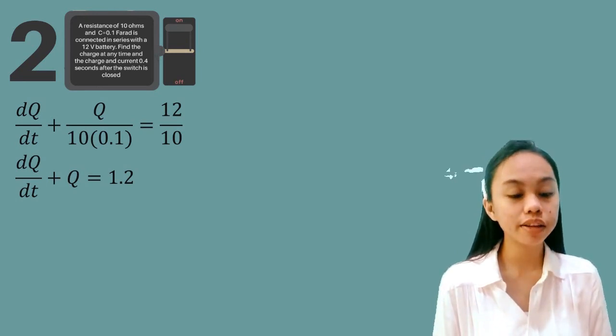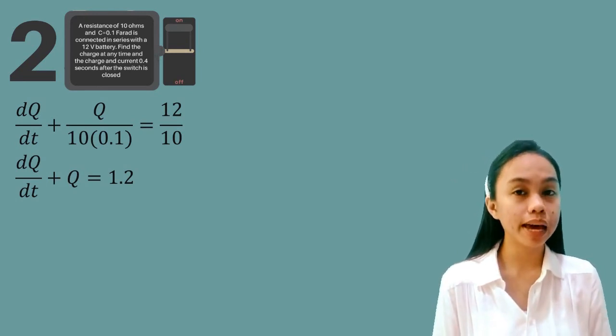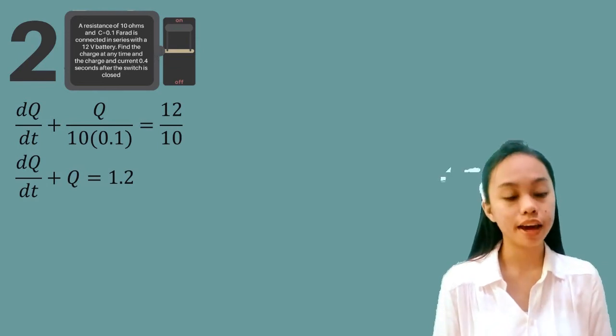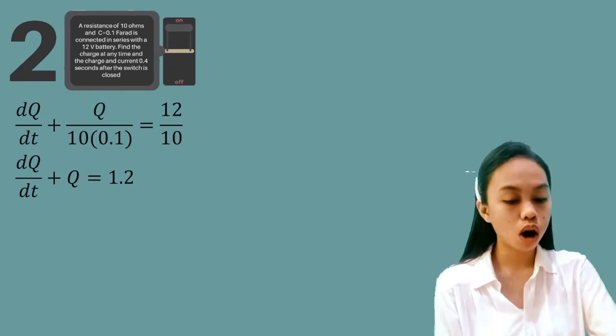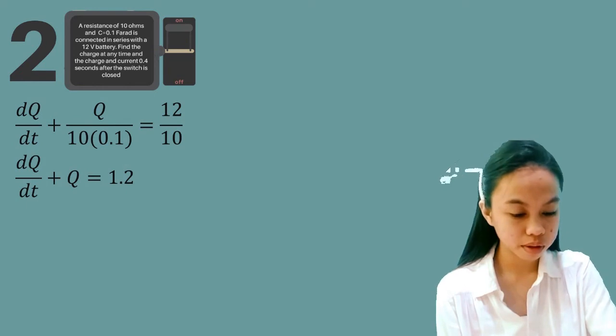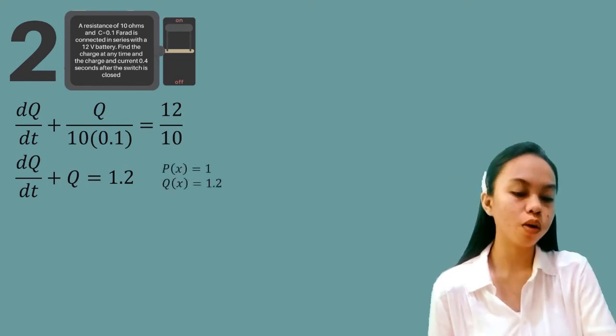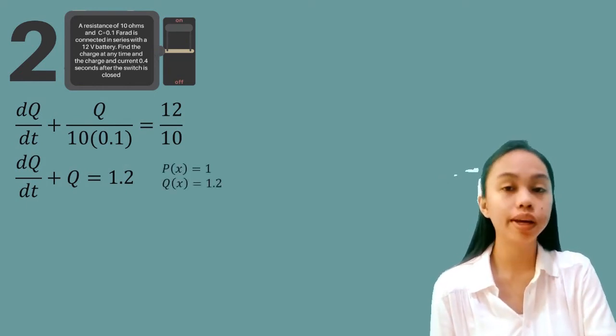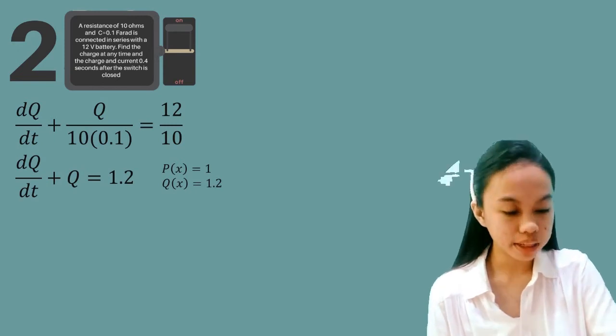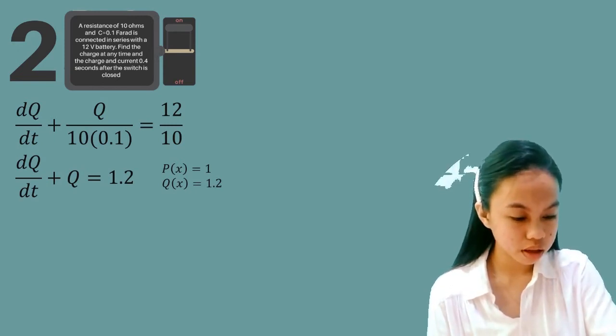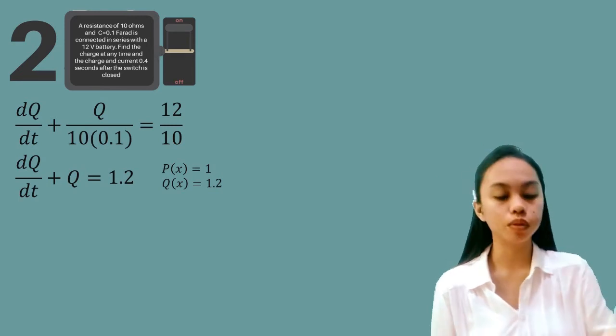In a linear differential equation, we get P of x and Q of x. Our P of x here will be 1 since the coefficient of our q is 1, and our Q of x will be 1.2.